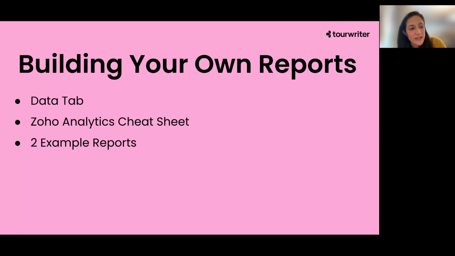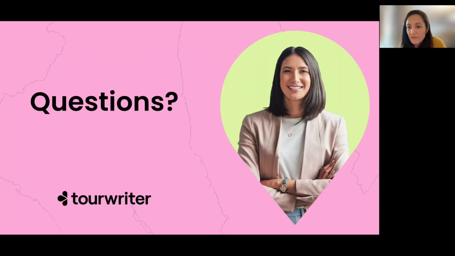So we'll head into the data tab to understand where you find what you need to do exactly that. We'll take a look at a document that I've created to help you as you go through this, with Sajan's help, of course, and his input. Then we can look at building 2 example reports before we finish up for today. And as we did before, I'll stop at the end for any questions that you might have, and we'll see how far we can get.